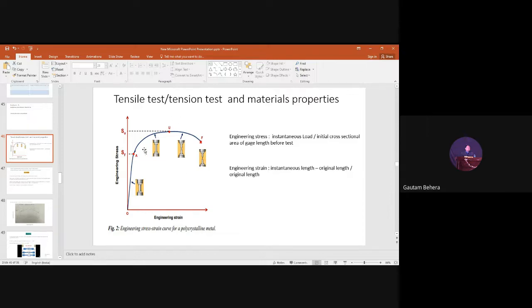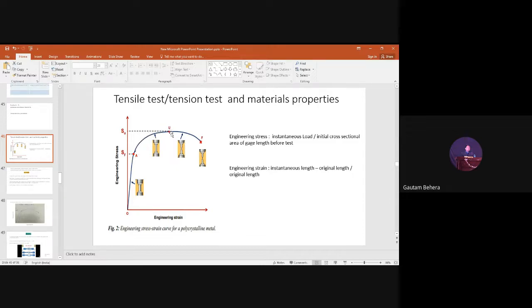And if you remember, from this yield strength stress value to this much, there is an increase in the stress. This is due to the strain hardening phenomenon, also called work hardening or dislocation strengthening. Due to generation of a lot of dislocations in the material, this stress value is increasing to this much value.